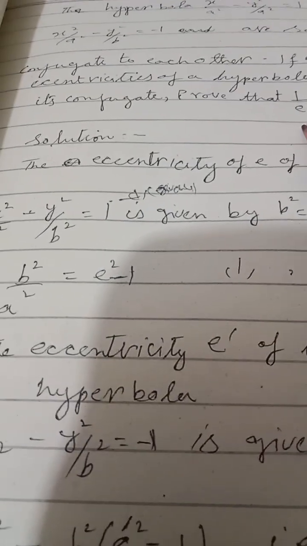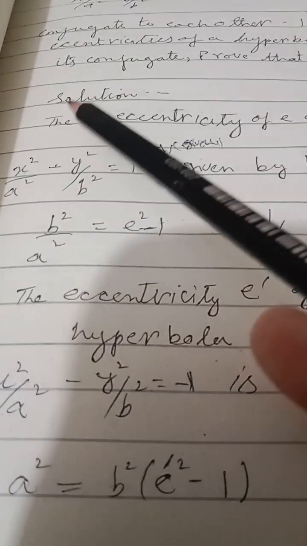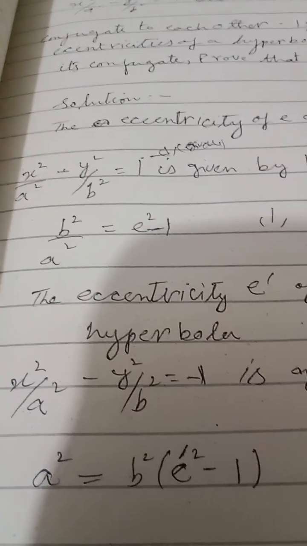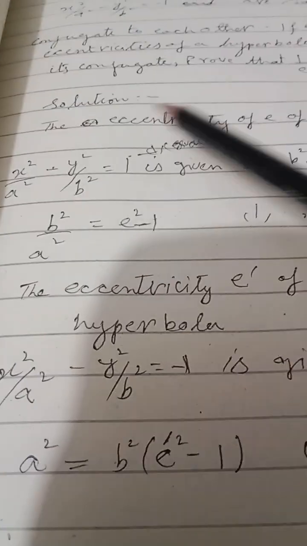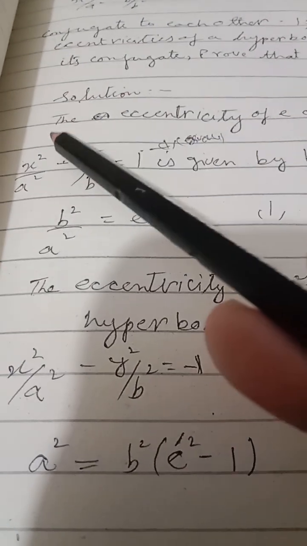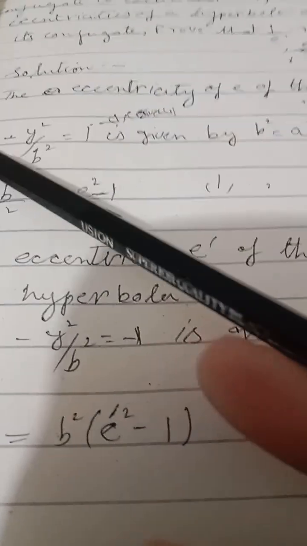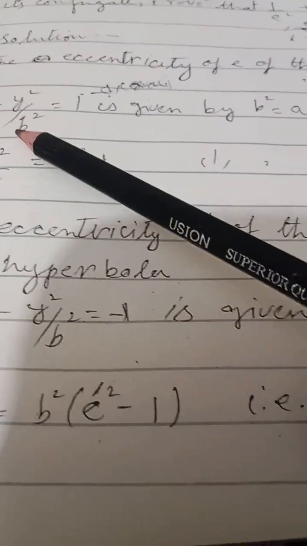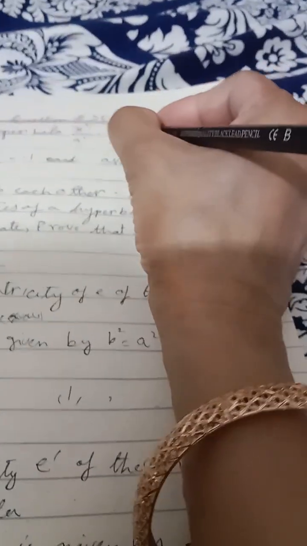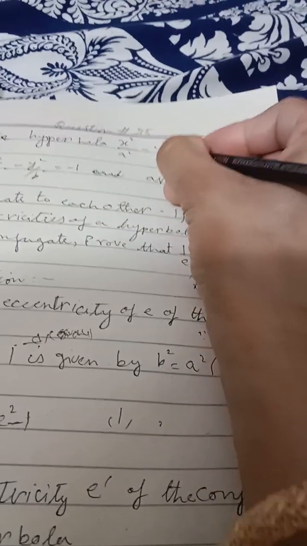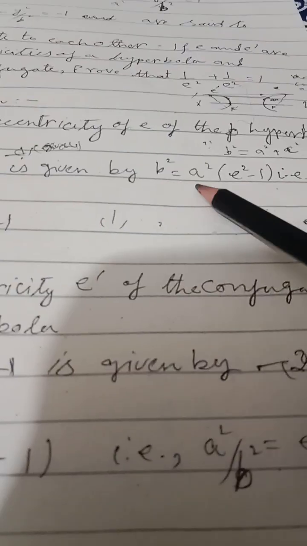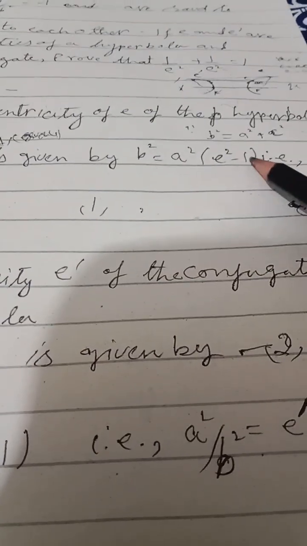The eccentricity e of the hyperbola x square upon a square minus y square upon b square is equal to 1 is given by b square is equal to a square into e square minus 1.